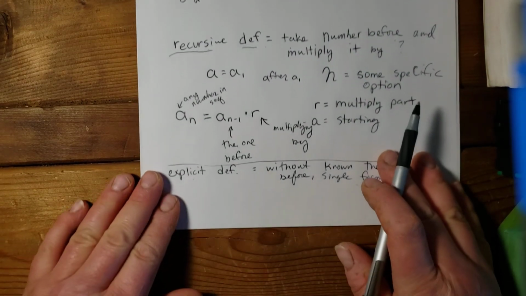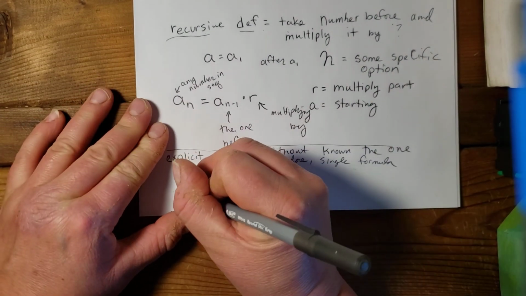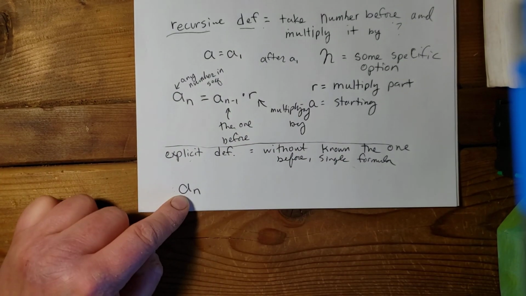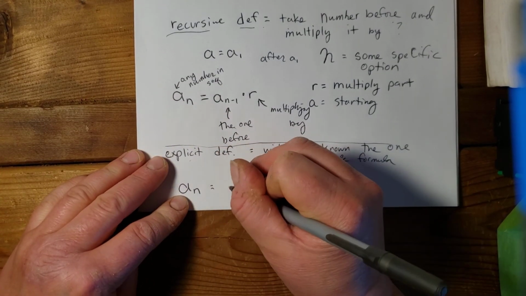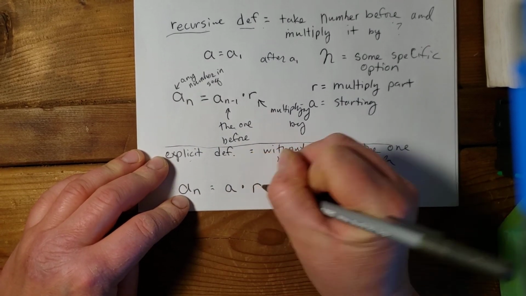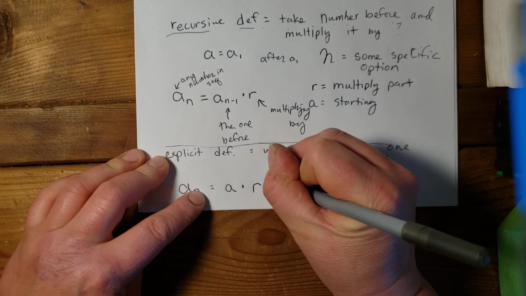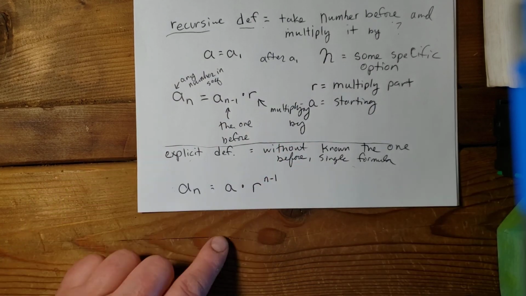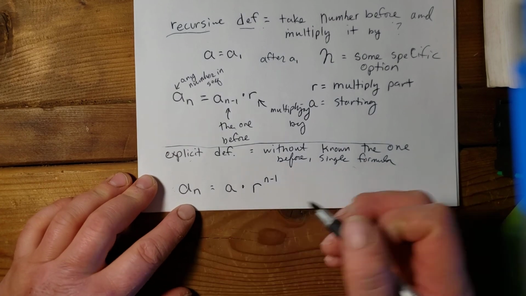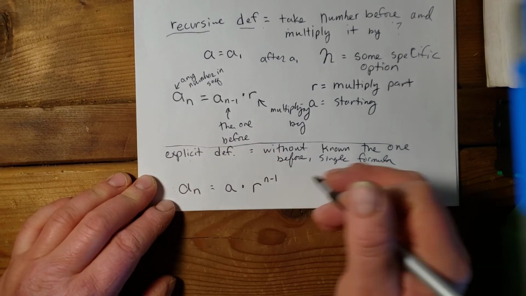All right, so we're going to write it like that. So for any number in our sequence, it is going to be equal to our starting number times our multiplying portion to the n minus 1, right?